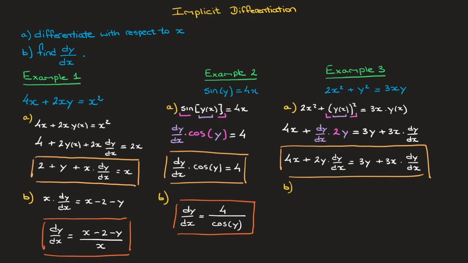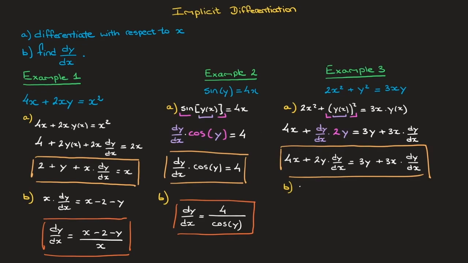And once more, all we have to do for that is rearrange the result we just found and make dy/dx the subject. So let's see, I'll start by gathering both of the terms with a dy/dx on the left-hand side, and for that I subtract 4x from both sides, as well as subtract 3x times dy/dx from both sides.